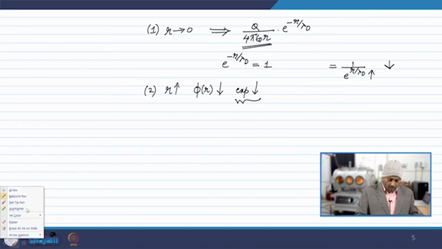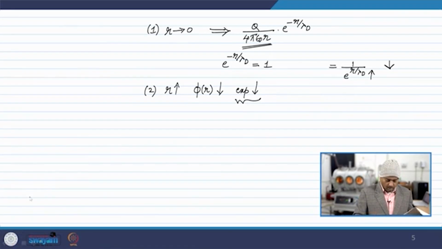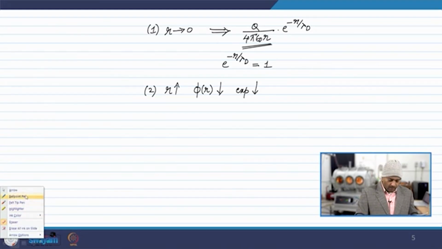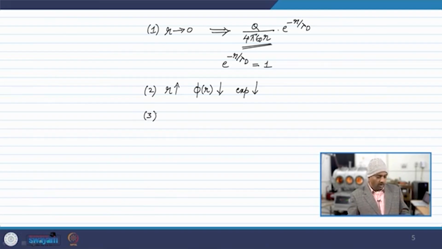So, I hope you are able to follow this simple mathematics. Okay. Then we have another situation. Let us say when R is equal to something called lambda d, because lambda d is there within your picture, right?